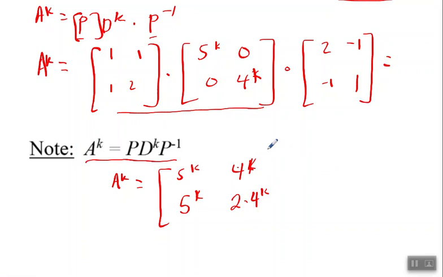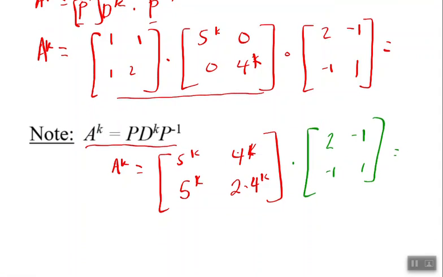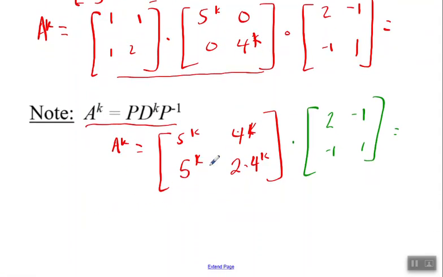Order of operations says that does not become 8. You have to do that exponent first. And now we're going to multiply that by 2, -1, -1, 1. And now the first row times the first column gives you 5 to the k minus 4 to the k.